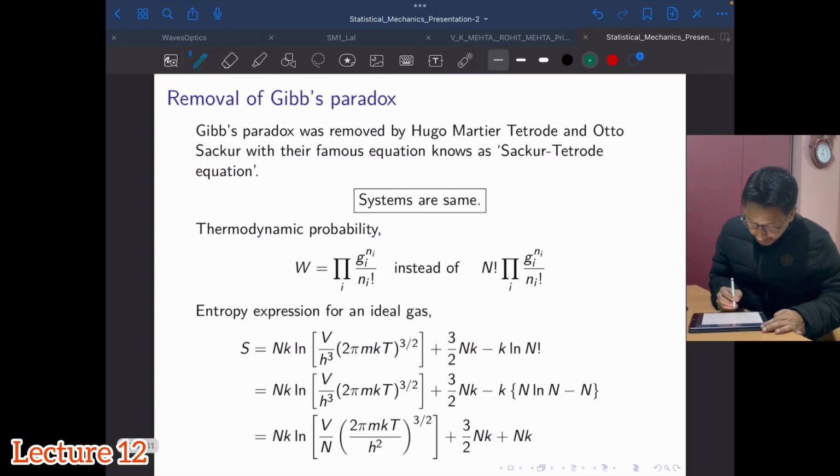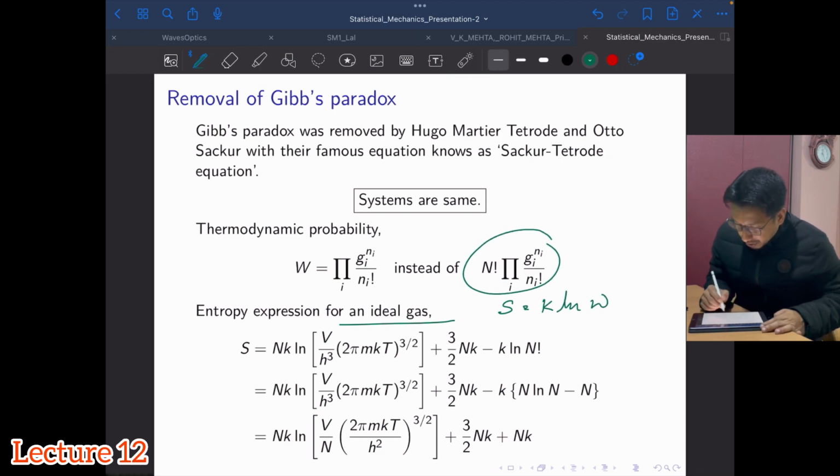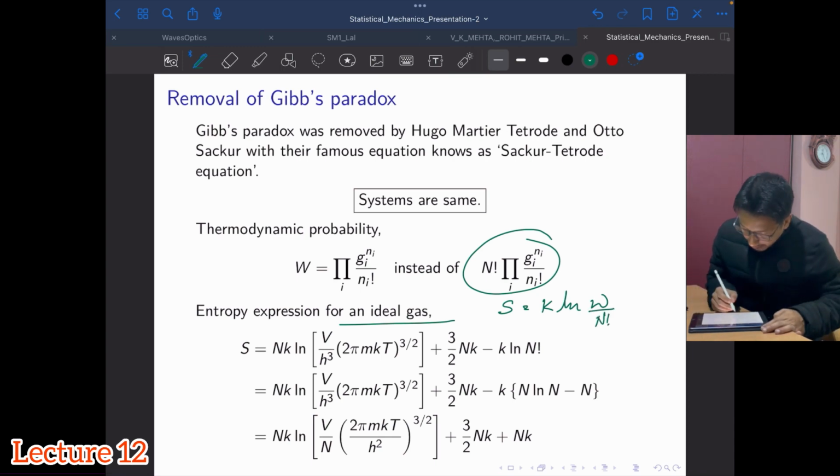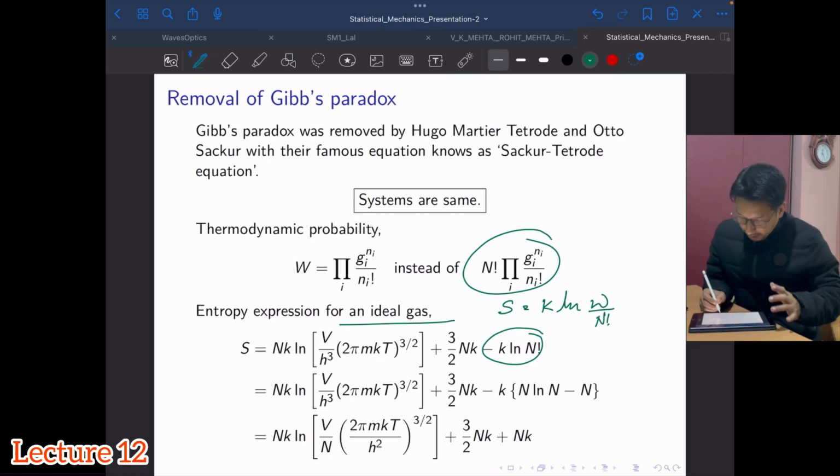Okay, so now the expression for the entropy of this ideal gas. We had from the Boltzmann canonical distribution S = k ln W. Earlier we had calculated this expression. Now what you have to do is divide W by n factorial. Because it is in the denominator, an extra term, minus k ln n factorial, will appear in the entropy expression for this case.